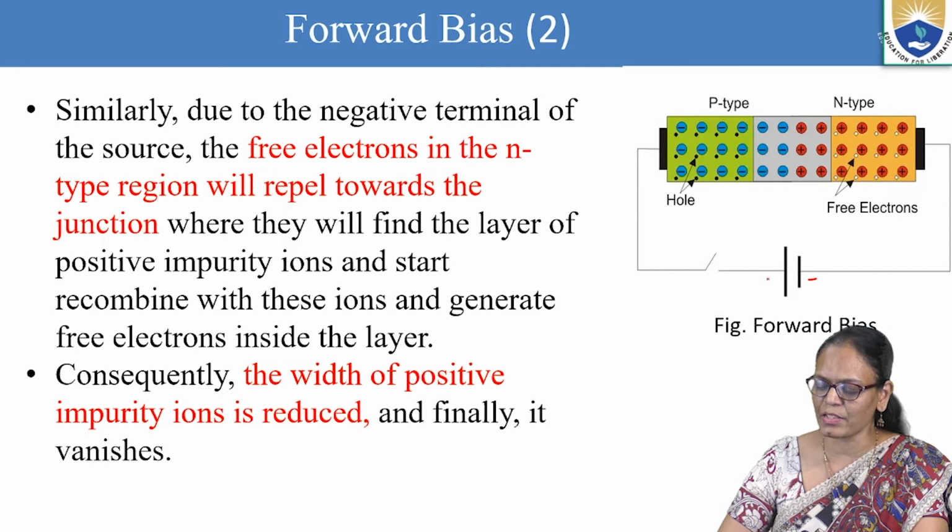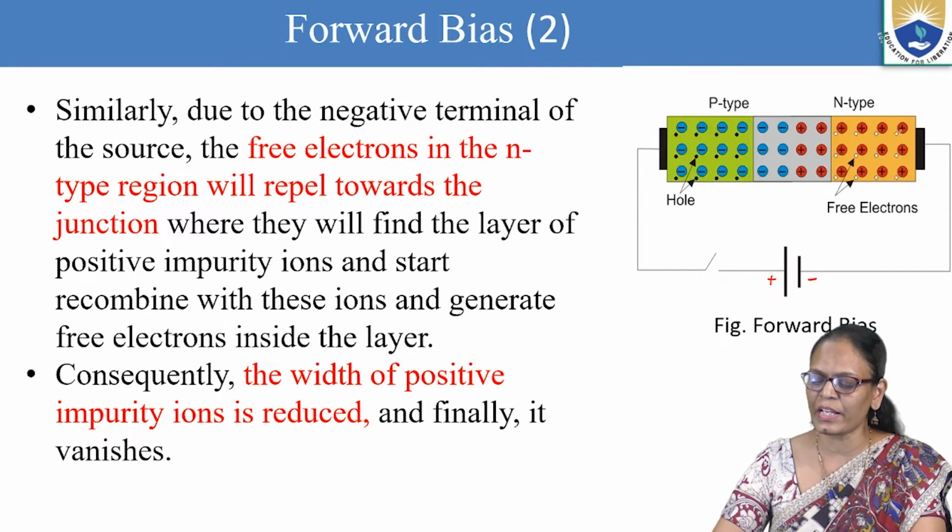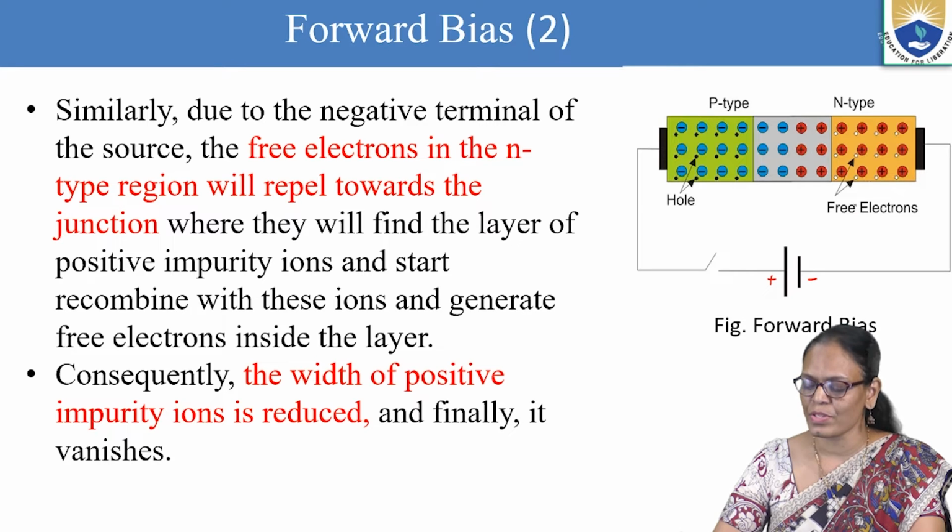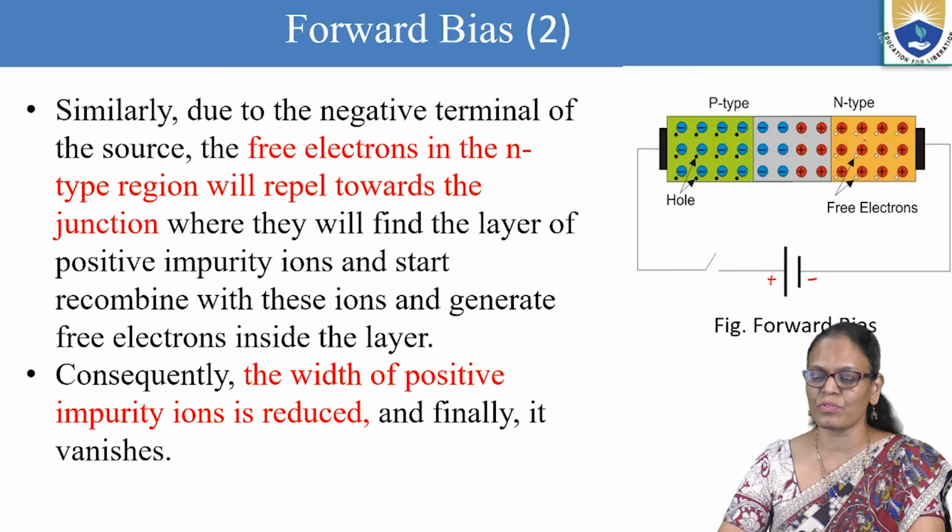This is negative, this is positive, and here you have the electrons. Because of the negative charge, these electrons will be repelled, meaning they will move towards the junction where they find positive impurity ions.